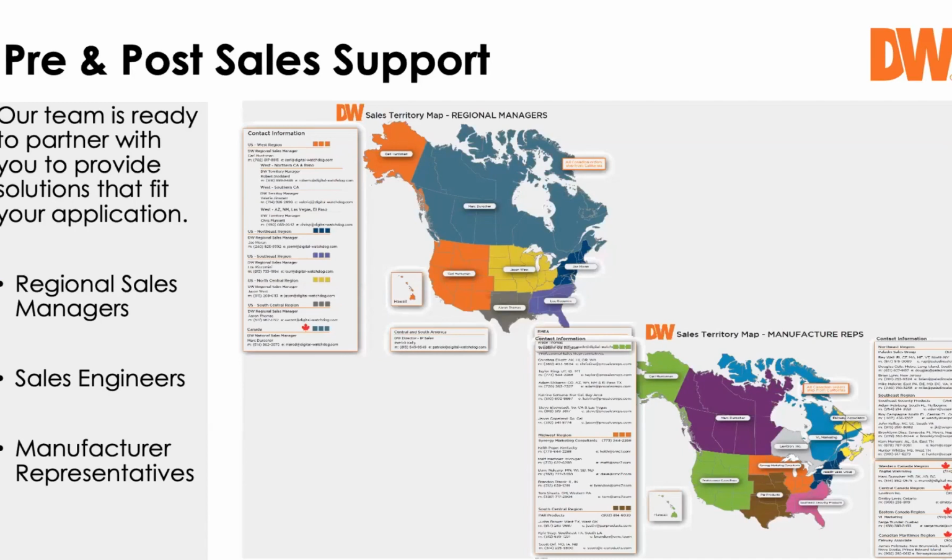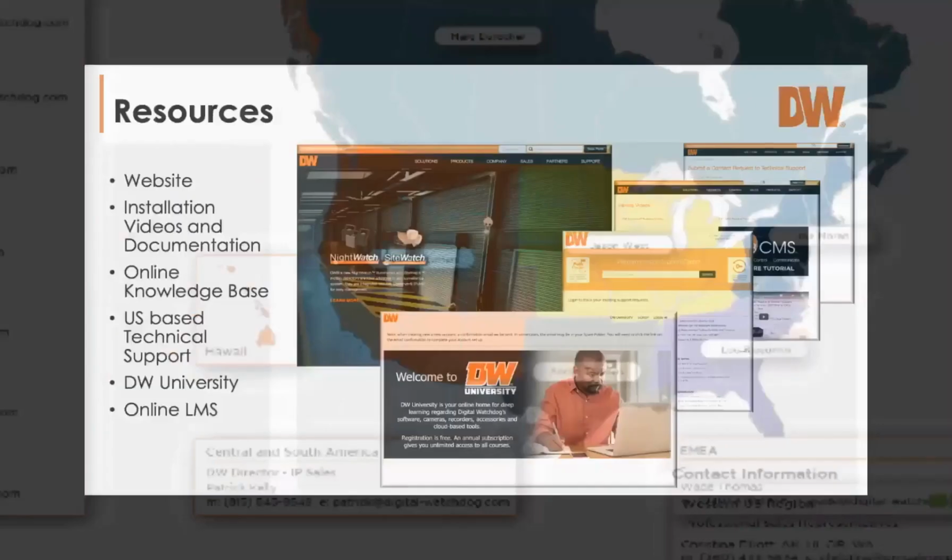Those people are out there with product in hand, ready to do trainings, demonstrations and meetings with you. They're all on our website and all available. They're really a pre-sale and post-sale support team out in the field, strategically placed to talk about Digital Watchdog products, like the ones we're talking about today, and how they can fit into your application and provide a solution for a need.